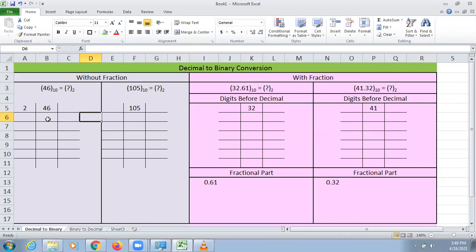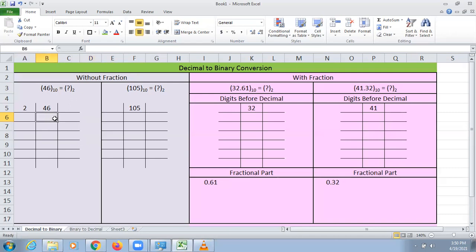In a normal decimal system you can divide by 3, 4, or 6 also, but here we always divide by 2, because in the binary number system we have only 2 digits, that is 0 and 1.